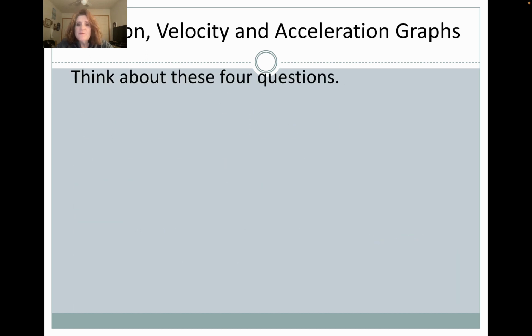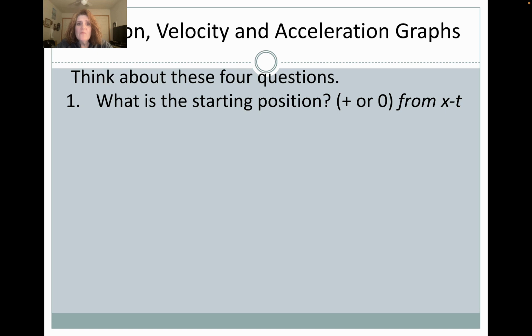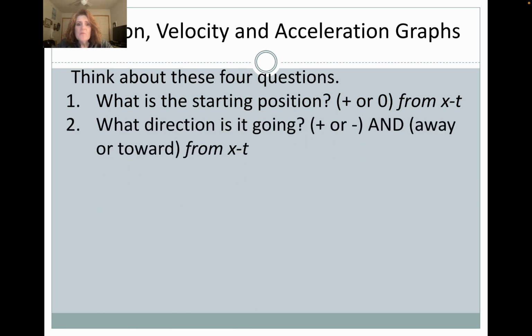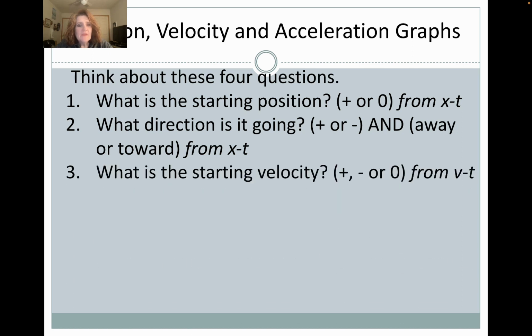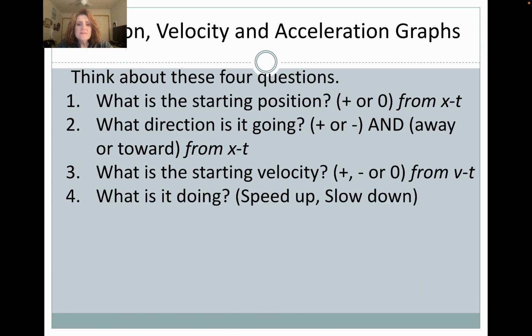We're going to look at these 4 questions when you look at a position, velocity, and now acceleration graph. What is the starting position, positive or negative? What direction is it going? Again, positive or negative. What is the starting velocity? This will be positive, negative, or even 0. And then what is it doing?